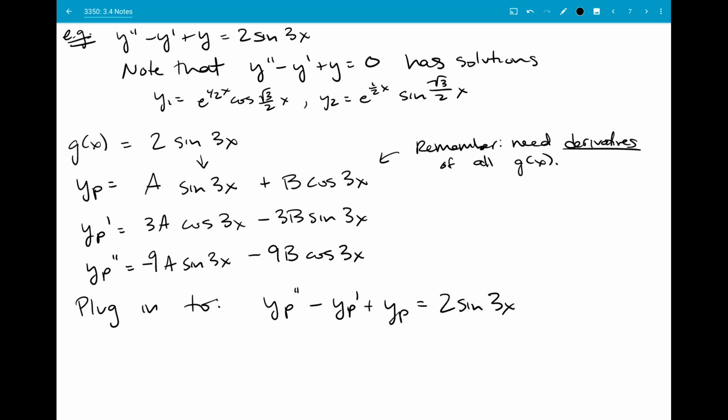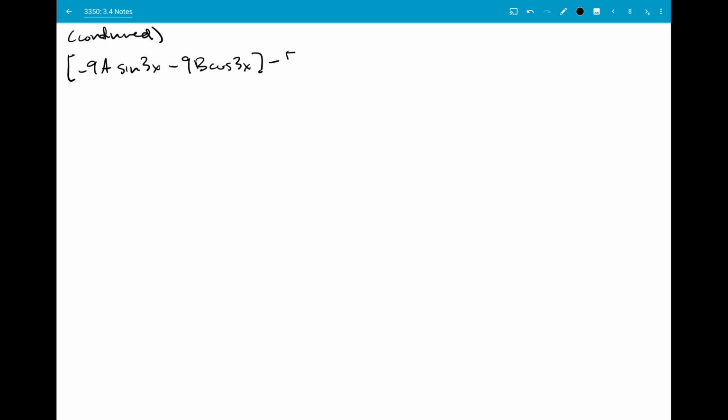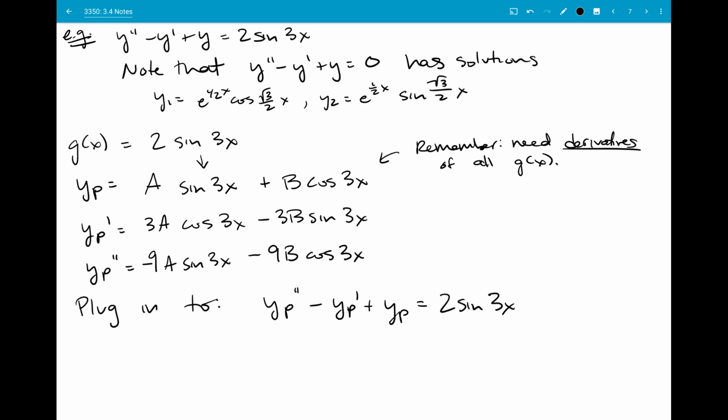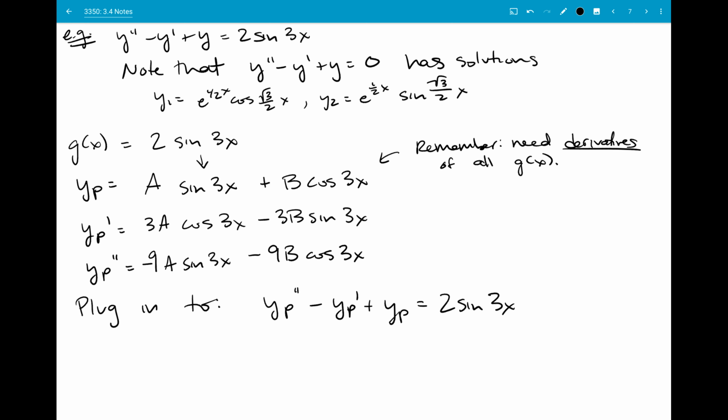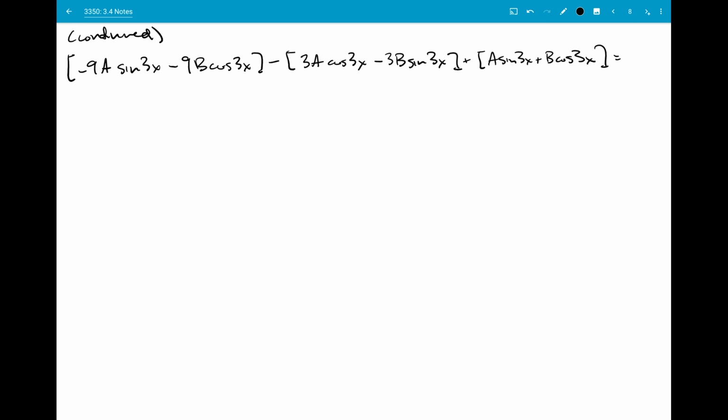Then it's minus y prime, so minus 3a cosine 3x minus 3b sine 3x, plus y, so plus a sine 3x plus b cosine 3x. And I want that to be all equal to 2 sine 3x.